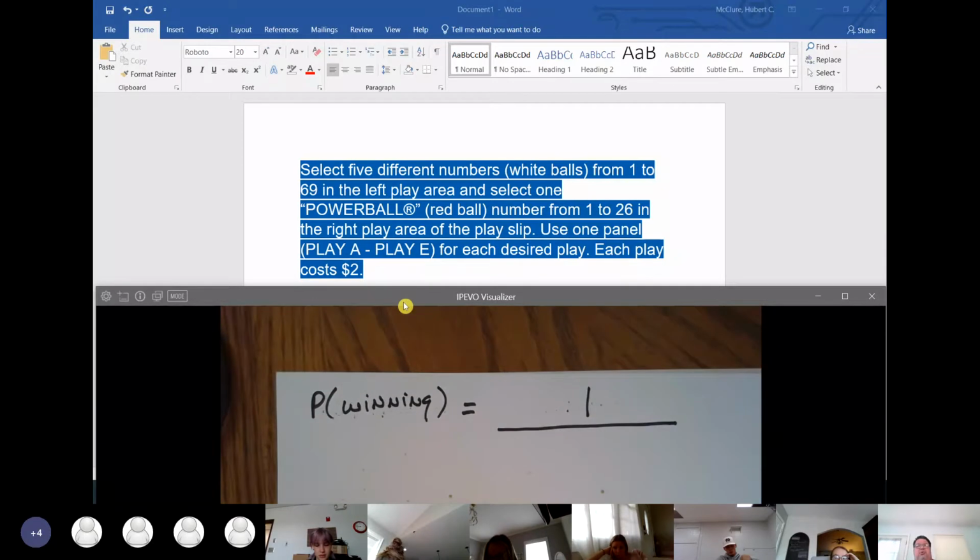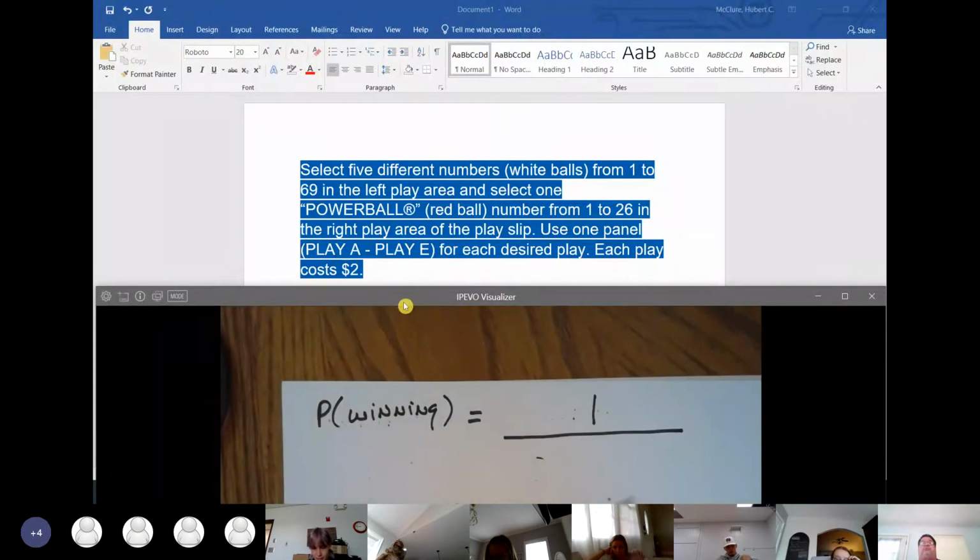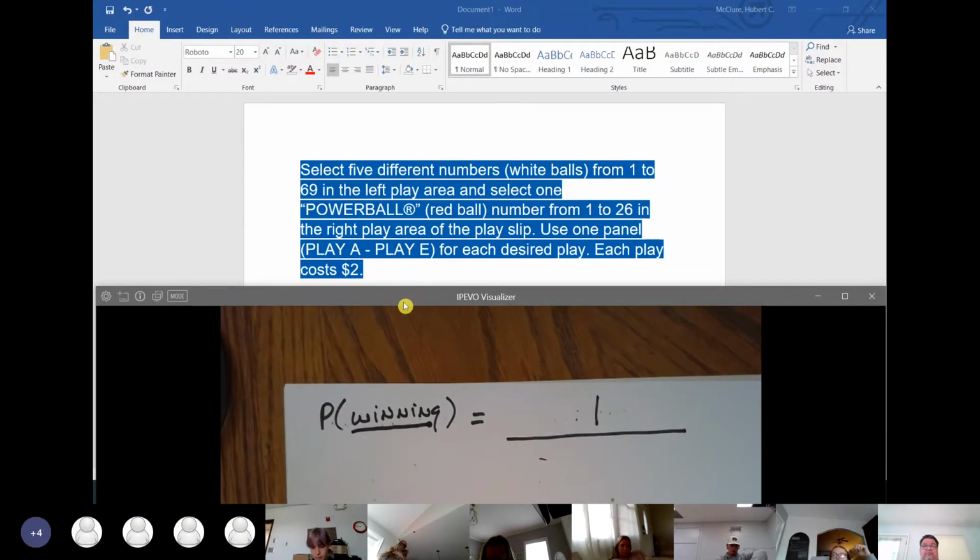Now, some will not ask you for the probability of winning. Some will just ask, what is the probability? And they just want the denominator. Make sure you understand what I'm talking about here, because you're going to miss a question on the test if you don't understand it. If the question says winning, they're assuming that you bought at least one ticket, or they will say in the question, you bought one ticket, or you bought 15 tickets, or you bought 100,000 tickets.